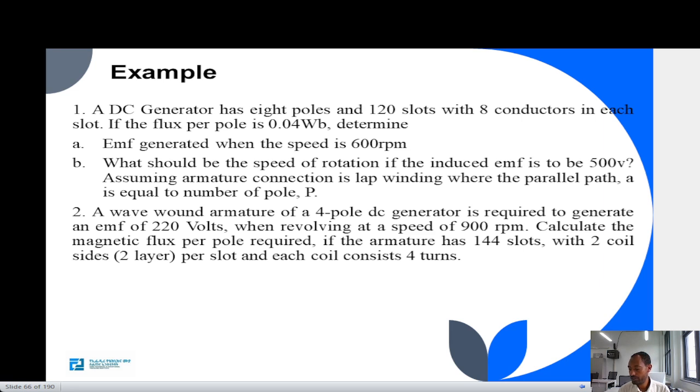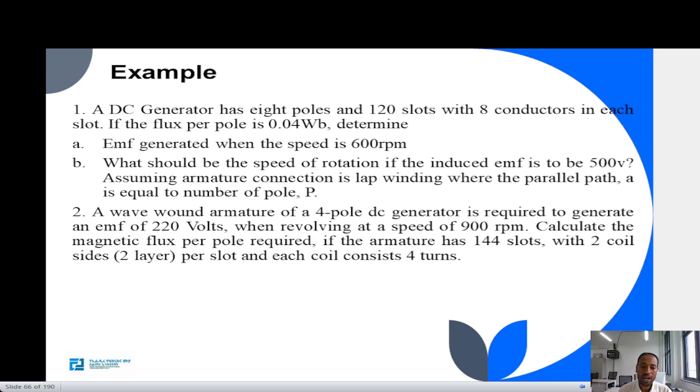By taking the elementary generator principle, I showed you how the DC generator produces a DC current or voltage at the terminal, and especially with the help of the split ring commutator, how to convert the internal generated AC signal into a DC signal. We already addressed this in our previous section.